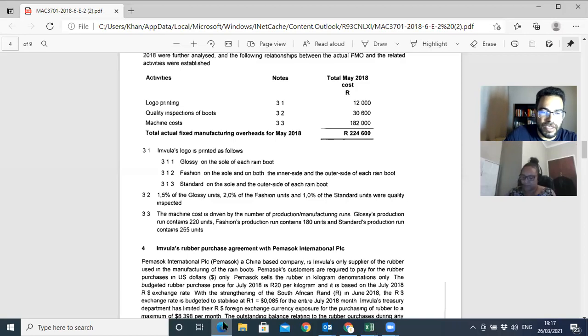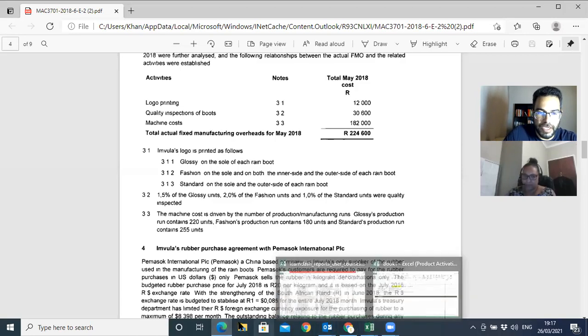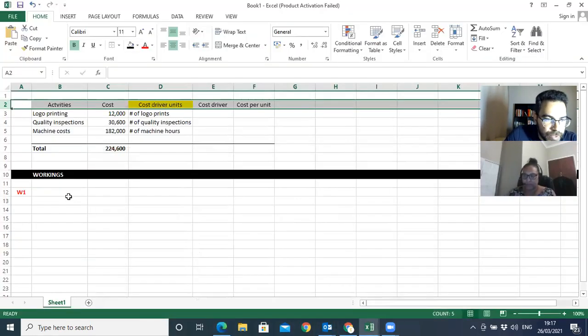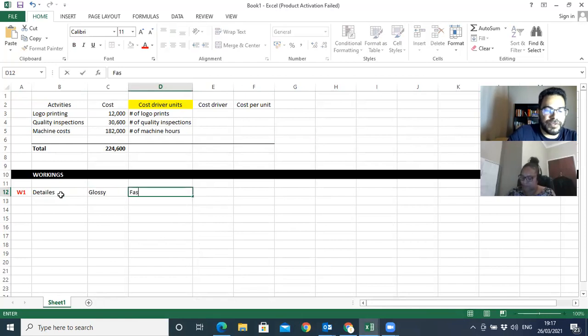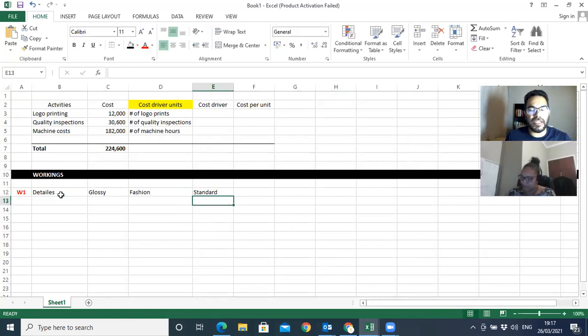I'm going to do it like this. It is going to be details, then glossy, as in I write it in full, glossy, fashion, what was the other one? Standard. So what drives it? It's the number of prints.